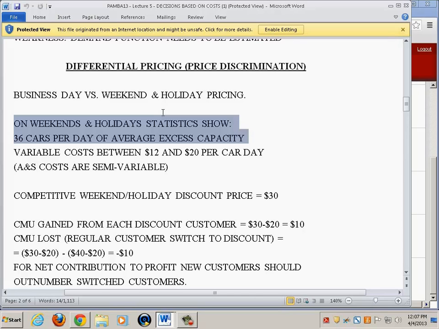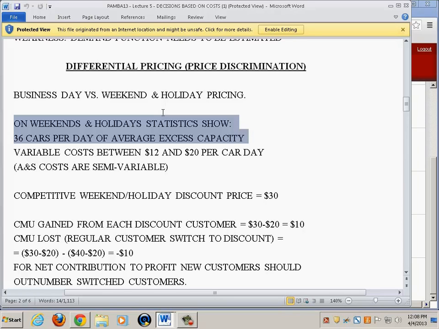Question is, how much of a discount, given the cost situation, could you give and still add to your profits?